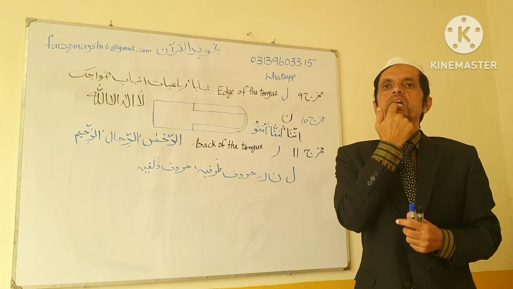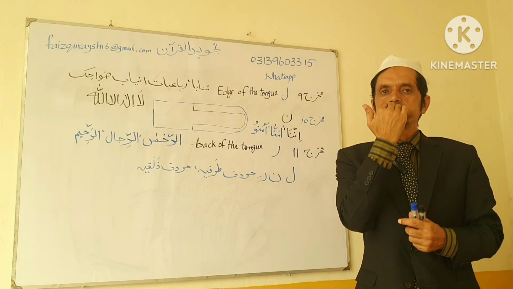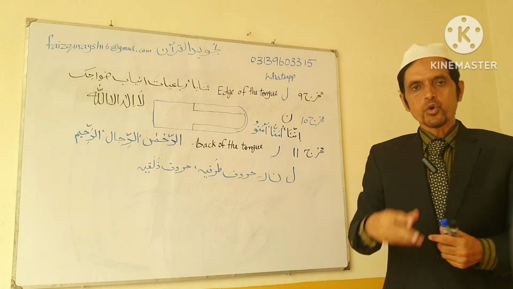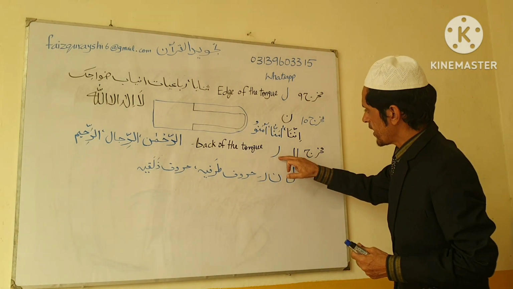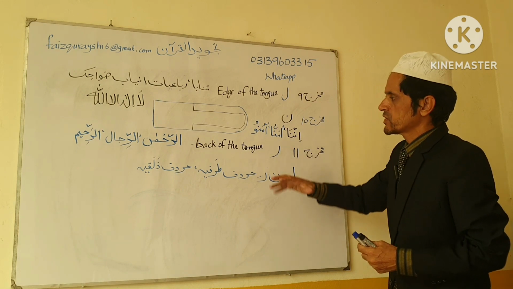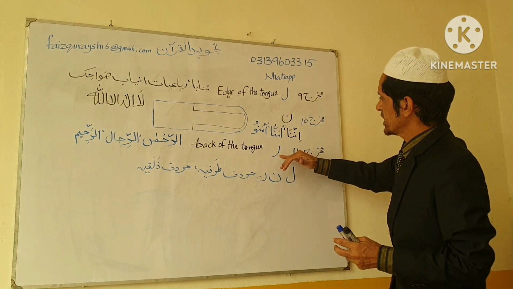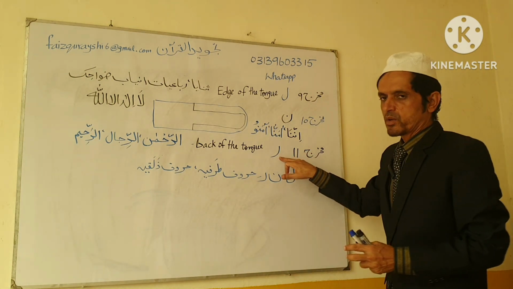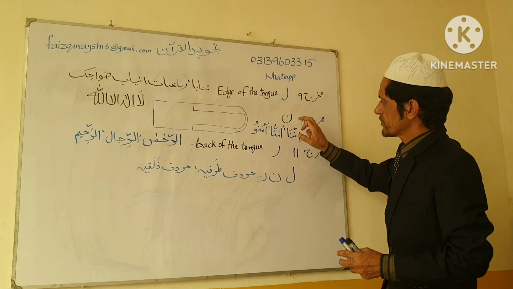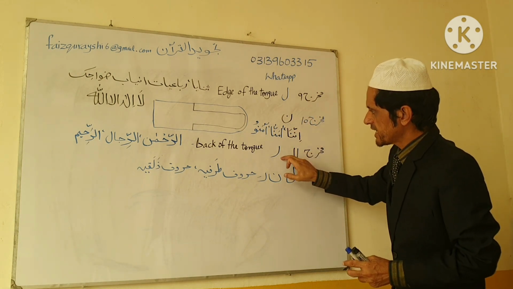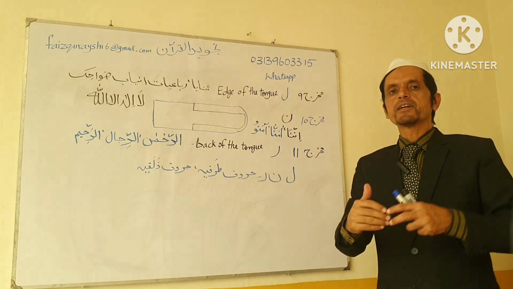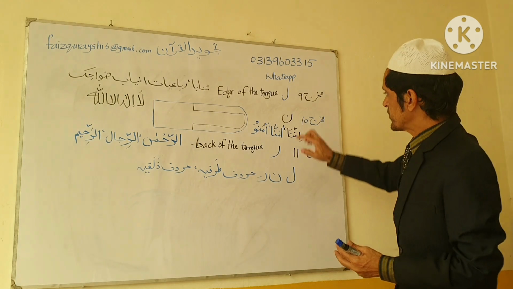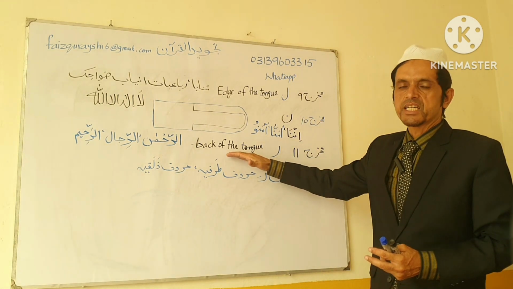For example, this is your tongue, and the downside of the tongue also plays a role in the articulation of Ra, and this is the only difference between Ra and Noon. Otherwise its articulation point is the same as Noon, but here the back of the tongue also plays some role, but in Noon the back of the tongue does not play any role.